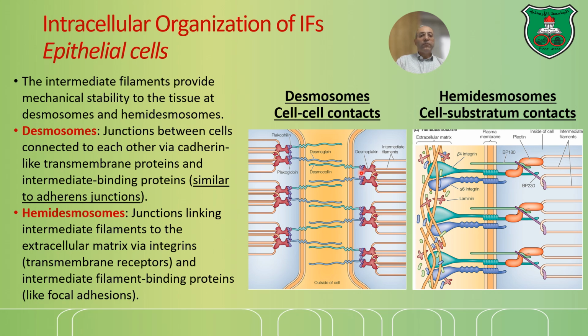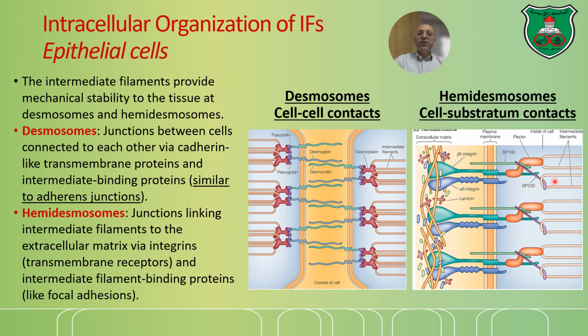Now, hemidesmosomes, on the other hand, we have this interaction between transmembrane receptors on the cell surface, like integrins, and we talked about integrins before, and these interact with the intermediate filaments inside the cell via specialized proteins as well. And these integrins, by the way, interact with the matrix proteins.